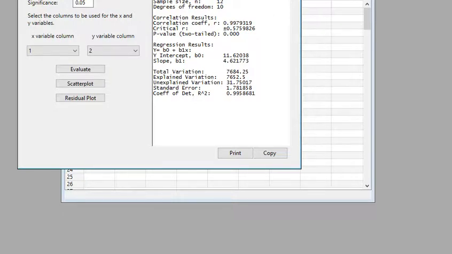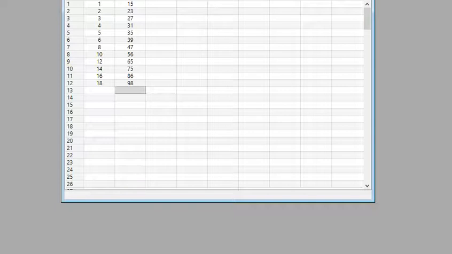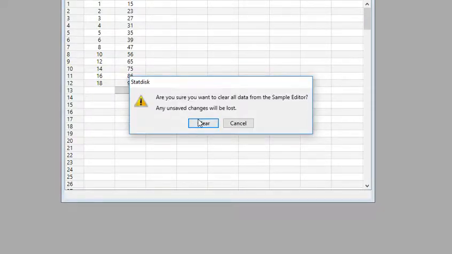So for the X's, I'll have 1500, 500, 500 again, 400, and 300. Moving over to the Y's, the winning bid, 650, 175, 125, 275, and 125.